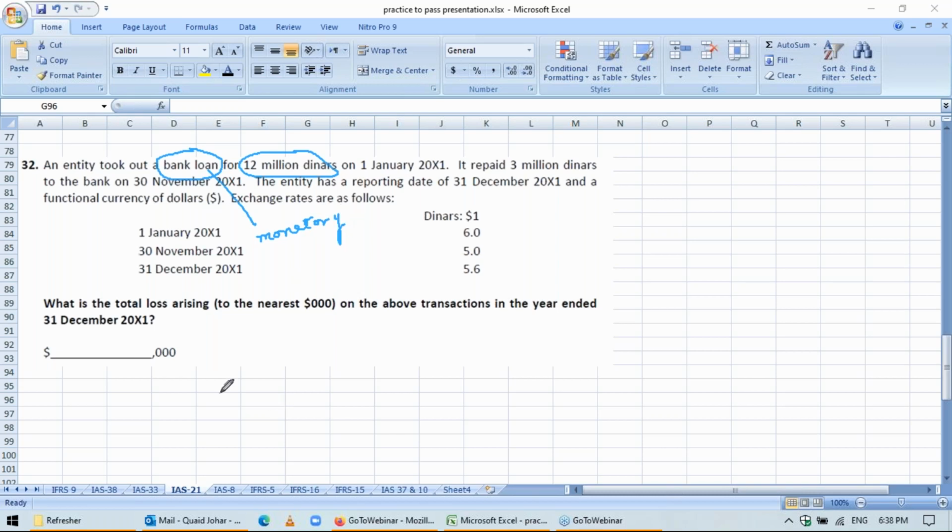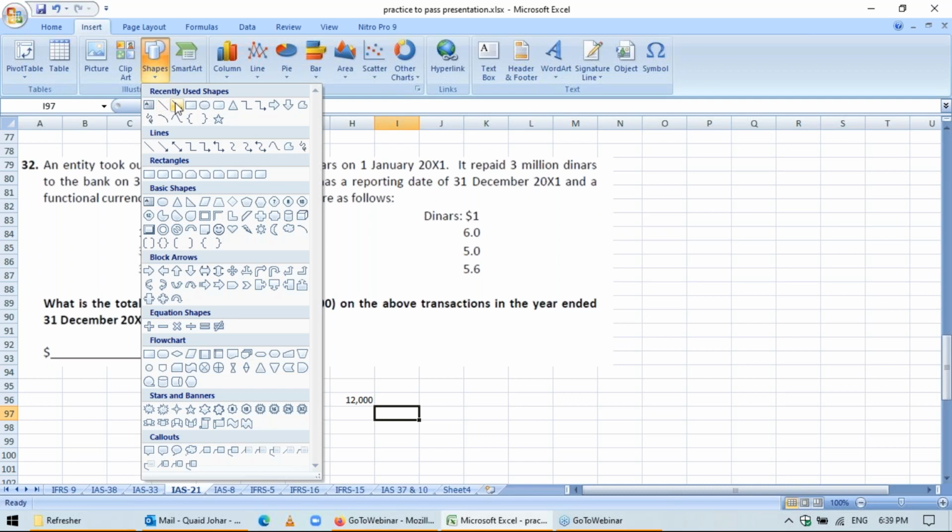Okay. So let's solve it now. Monetary means you have to keep retranslating it, and the gain or loss occurring on the retranslation will be recognized as an expense in the profit and loss account. So what happened? It was a 12 million loan. I'm taking it in thousands, and there are two pieces of it.